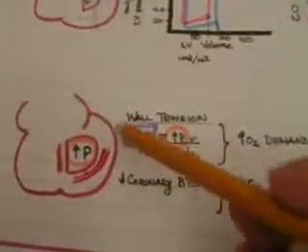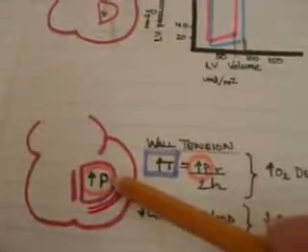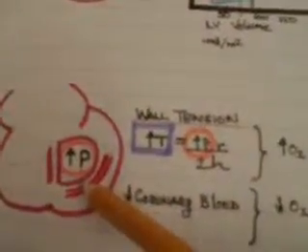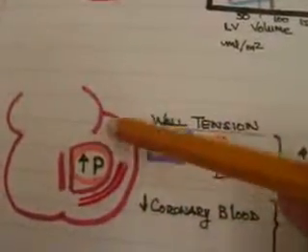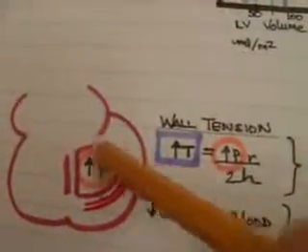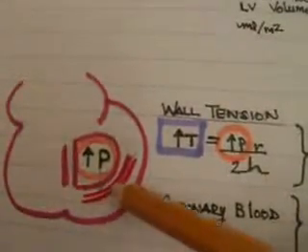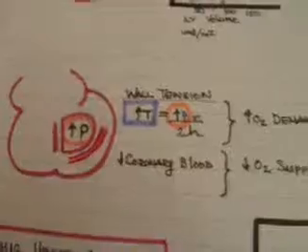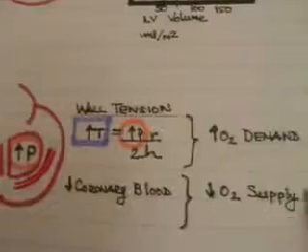And what else happens is that as you increase that left ventricular end diastolic pressure in the left ventricle, this starts to compress the subendocardial vessels. And as we know, the left side of the heart perfuses itself through the coronary circulation during diastole. So by increasing that left ventricular end diastolic pressure and compressing these subendocardial vessels, that's going to decrease your coronary blood flow and therefore decrease your O2 supply.